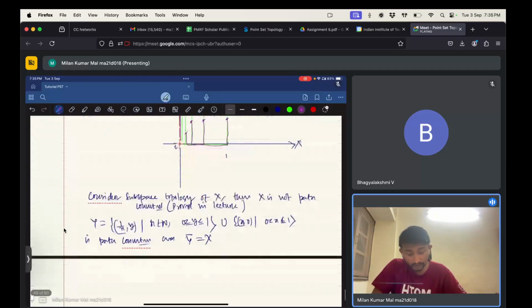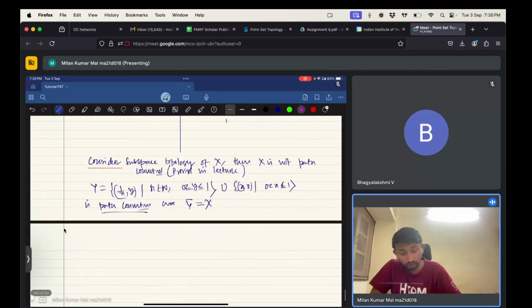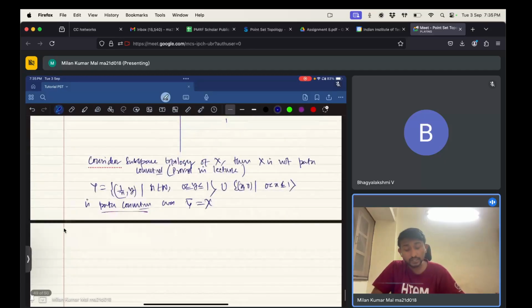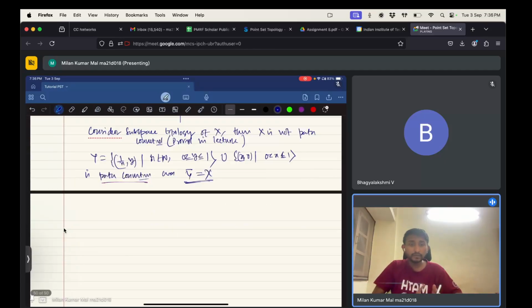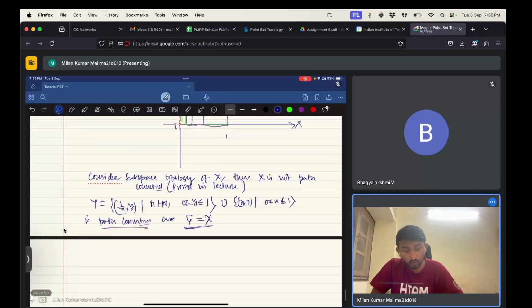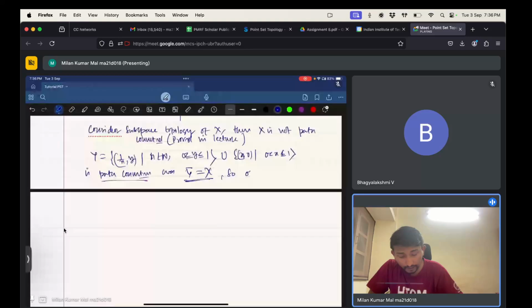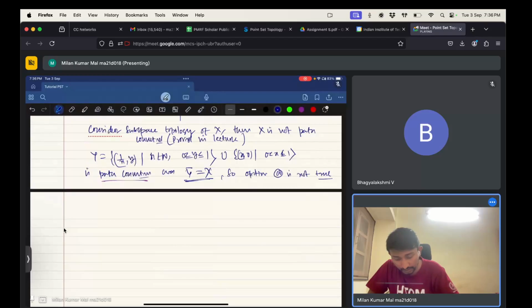So this Y set is path connected, but the Y closure, which is equal to X, is not path connected. So if a set is path connected, that does not guarantee that its closure is path connected. Option A is false. Option A is not true.